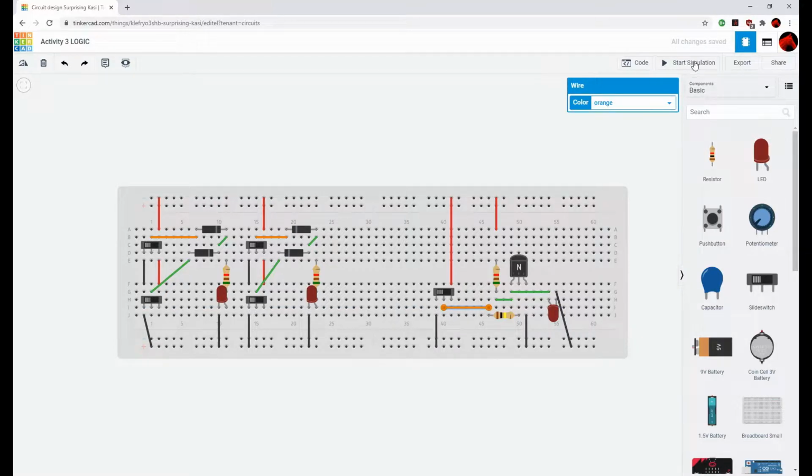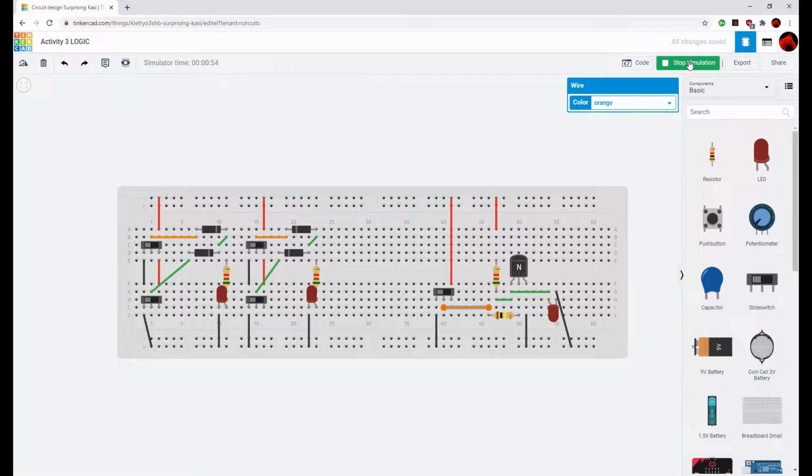So, if we start the simulation, we should initially have a 0 and a 0 and a 0, a 0, a 0, a 0, a 0, and a 1. So one LED on. Oh, yes, and yeah, I forgot, we need a power supply.